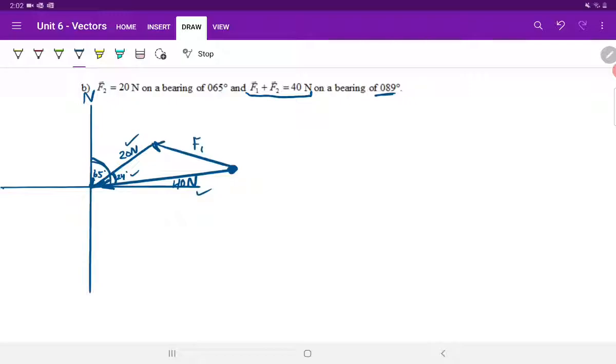Once again, let's label our triangle. A, B, C, little a, little b, and little c. So we're going to solve for a, and that's going to give us F1, right?